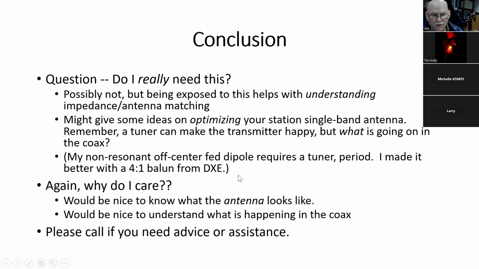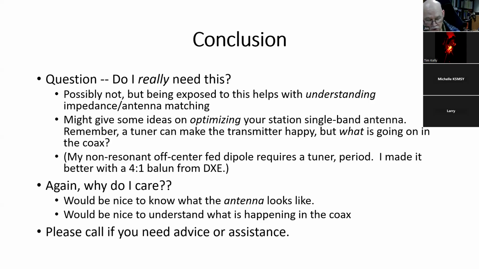In the long term, at the end of the day, I want to put up resident antennas for all HF bands, but as Paul Wade, W1GHZ likes to say, put something up and get on the air. Well, that's what I did with a non-resident dipole. I put something up based on the supports I had available. And again, why do you care? It would be nice to know what the antenna looks like.